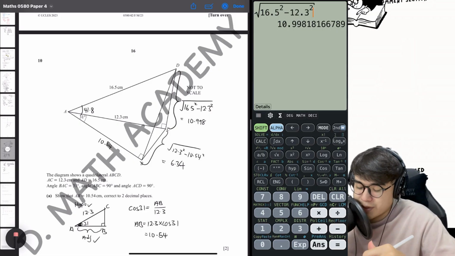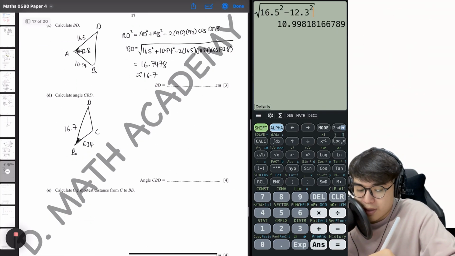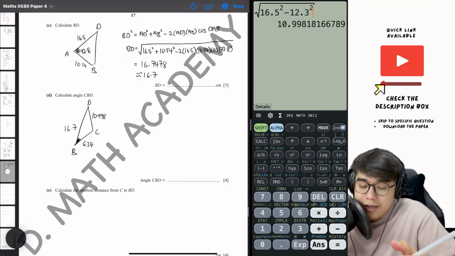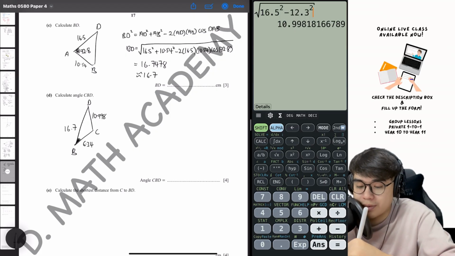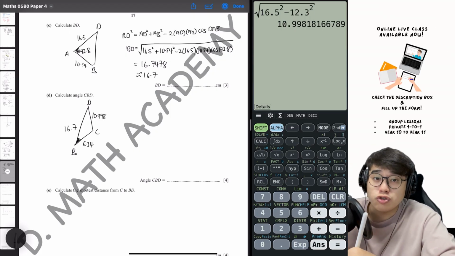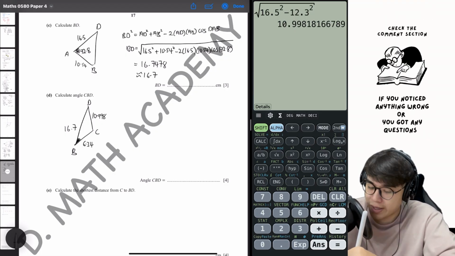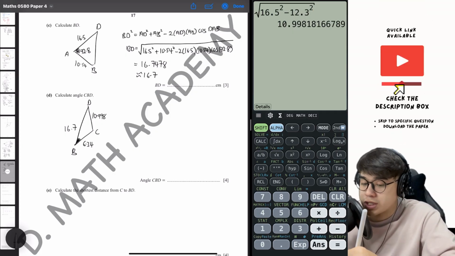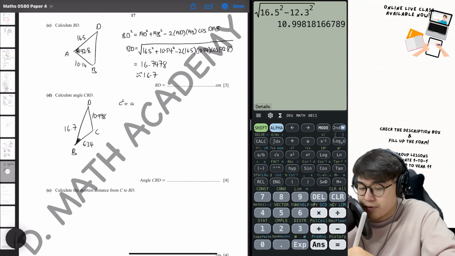It's a bit hard to round, so just take 10.998. And they are looking for angle CBD, which is the angle right at the middle here. With all three sides present, we will be using the cosine rule again, but the second variation where you rearrange the whole thing accordingly. So it's based off this formula right here.